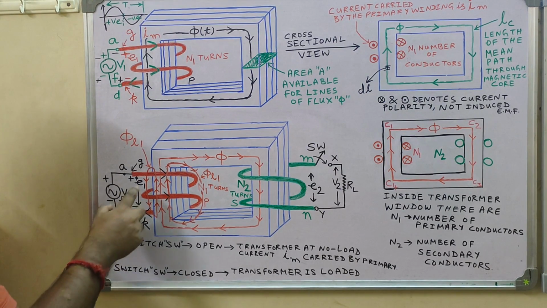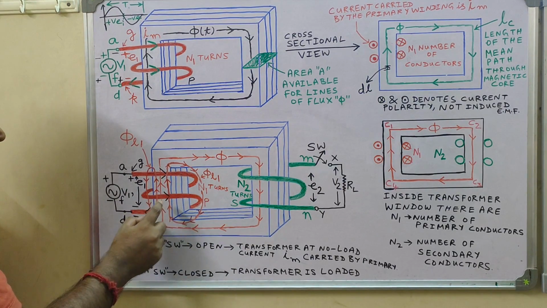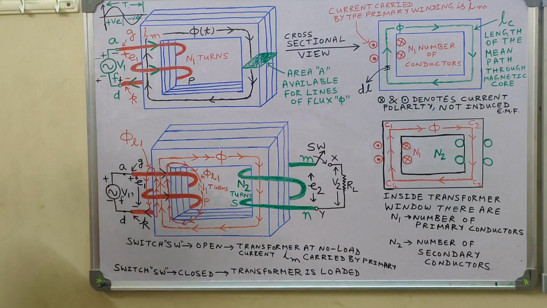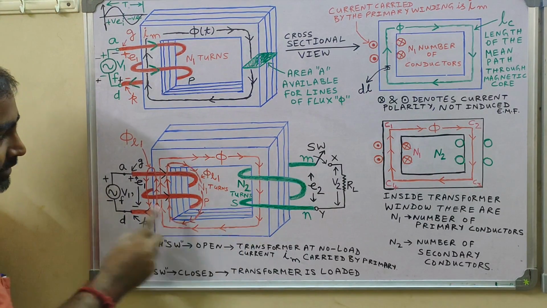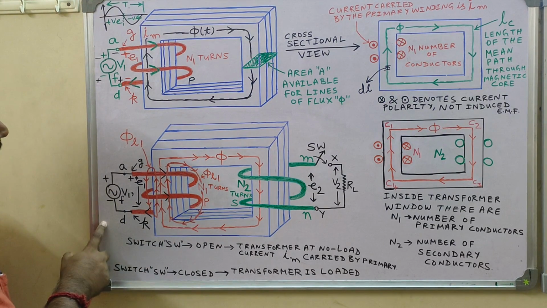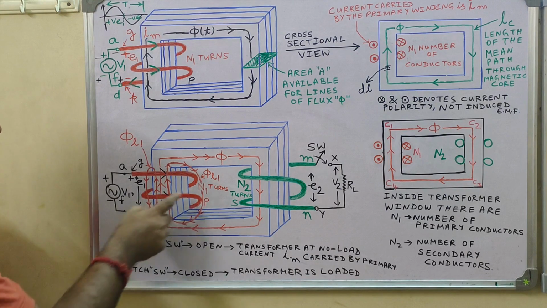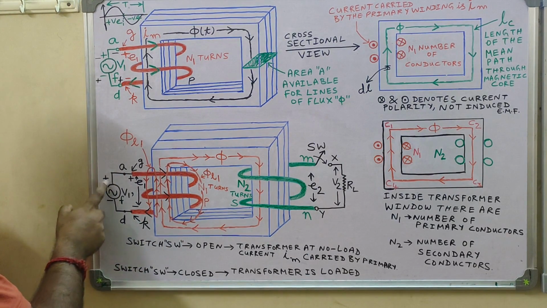So the flux which is created due to the current flowing through the primary coil will also be sinusoidal, because the flux in the transformer magnetic core is established due to the current carried by the primary coil, but the current carried by the primary coil is alternating because the applied voltage is alternating.